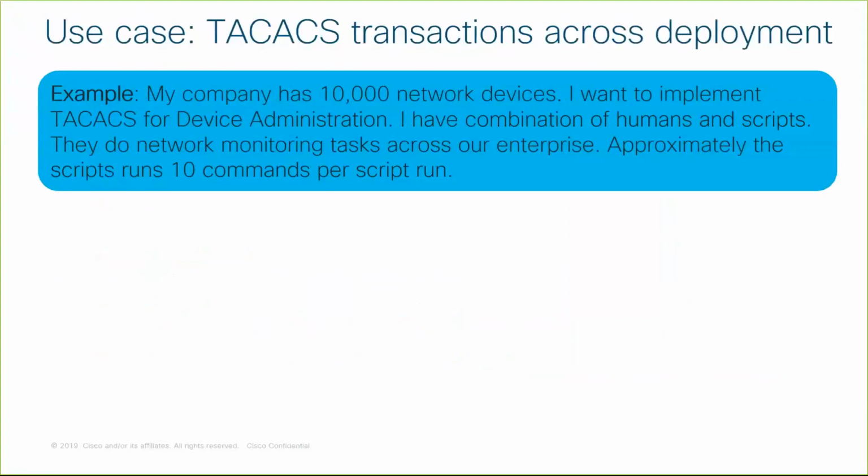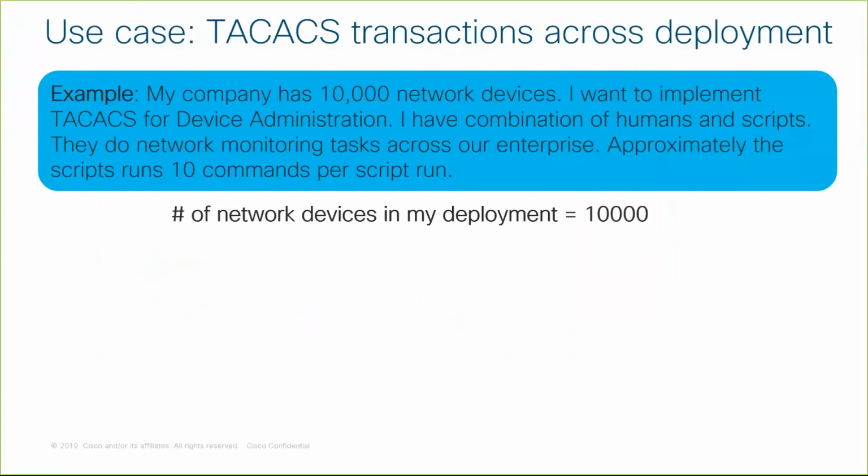My company has 10,000 network devices, and I want to implement TACACS. I have a combination of humans and scripts, and both monitor my network and gather information from the network, and I run 10 commands every time my script runs. Okay. Now there are a few things we know already. The number of network devices in my deployment is 10,000.